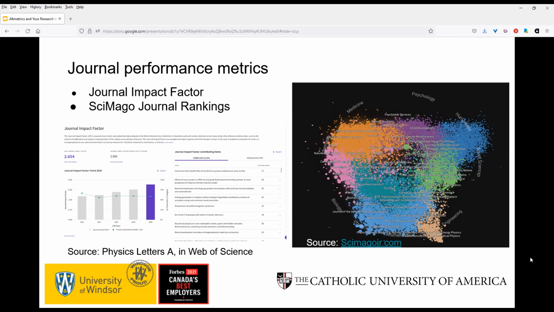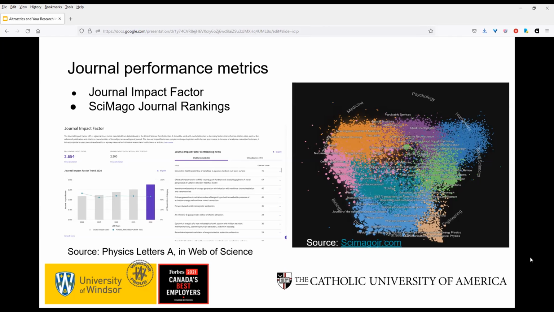That represents the bars on here over the past 5 years, and then the line represents the average impact of all journals within a particular discipline.